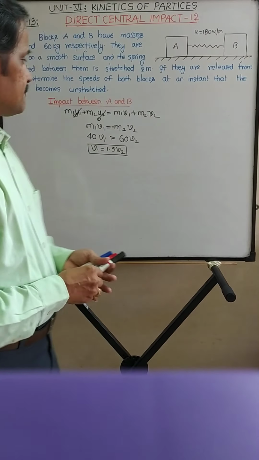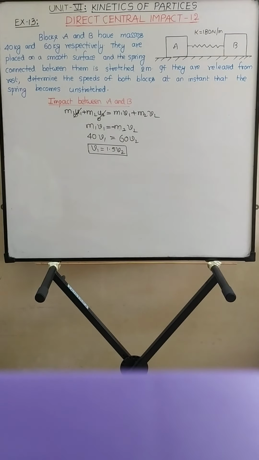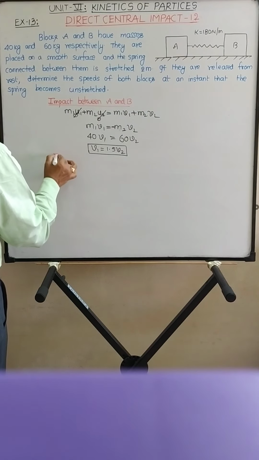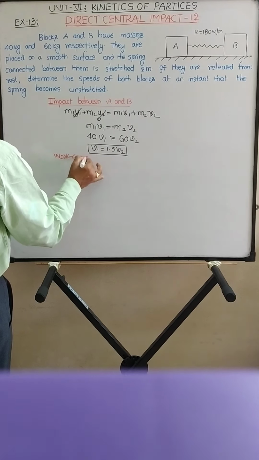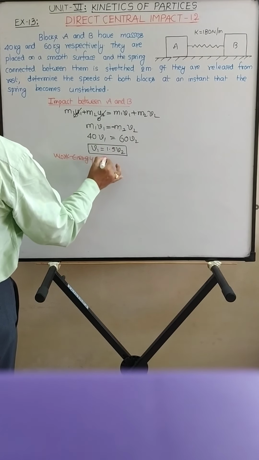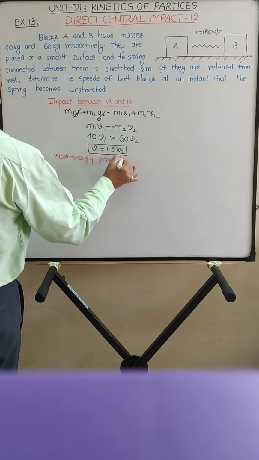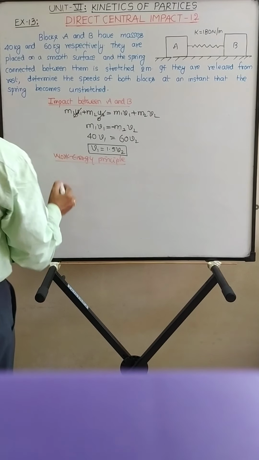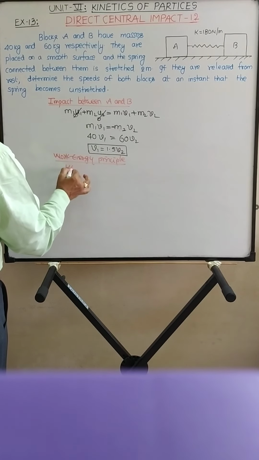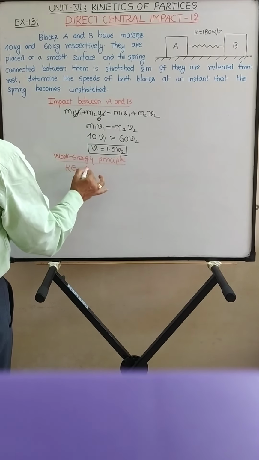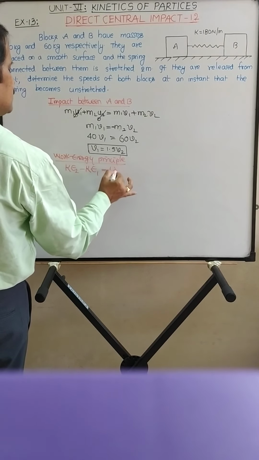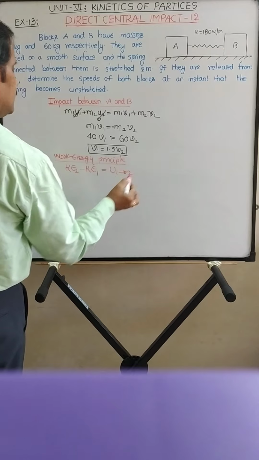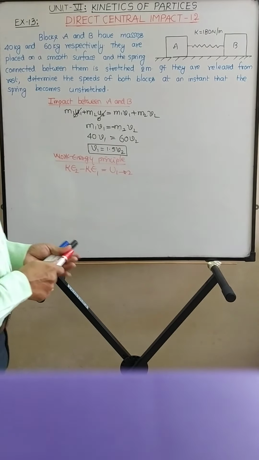Right? Now the second step, using work energy principle for the system. What is work energy principle? Change in kinetic energy, final kinetic energy minus initial kinetic energy, is equal to work done between the two positions.